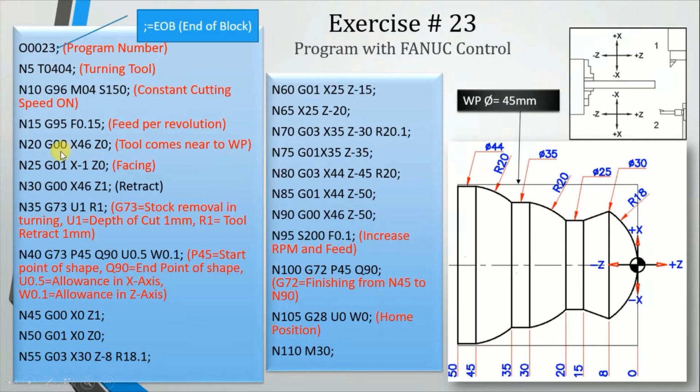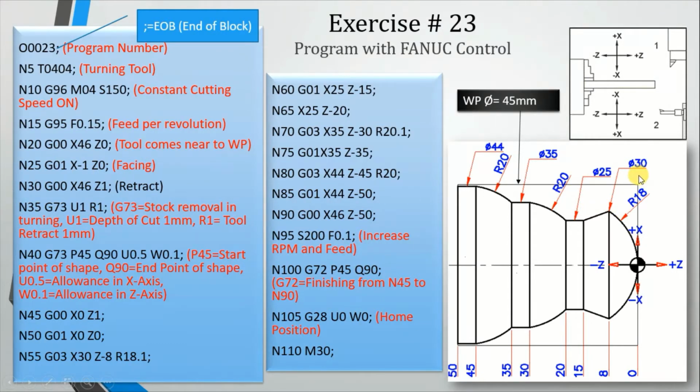In the next block G00 X46 Z0. Already you know that G00 means we move the tool rapidly, and the tool will come somewhere here, X46 Z0. It means the workpiece is 45 and the tool will be here half millimeter above the workpiece. And next line G01 X-1 Z0.